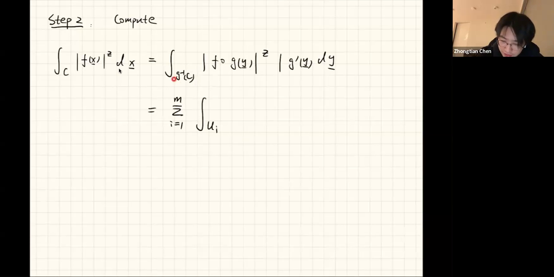Now we can cover this pre-image of C by U_i, right? And we know from the theorem that in each of these y coordinates, F∘G is normal crossing, then we can apply a further change of coordinates that makes it a monomial.